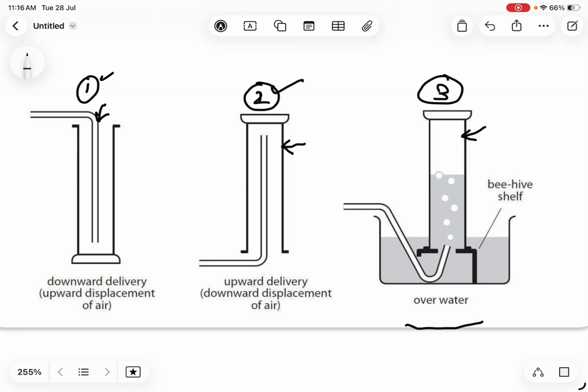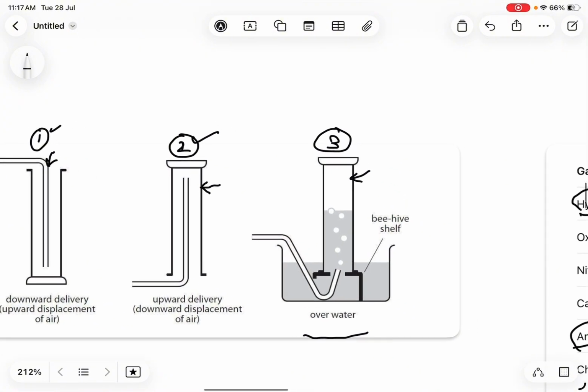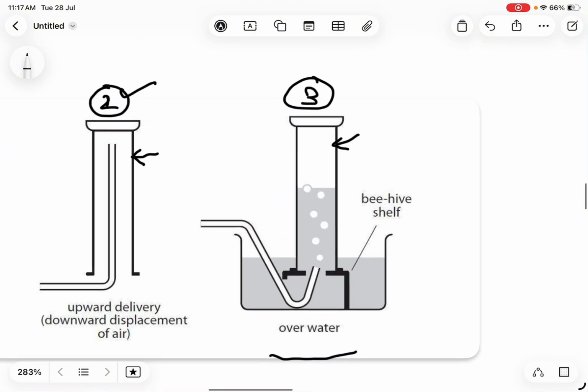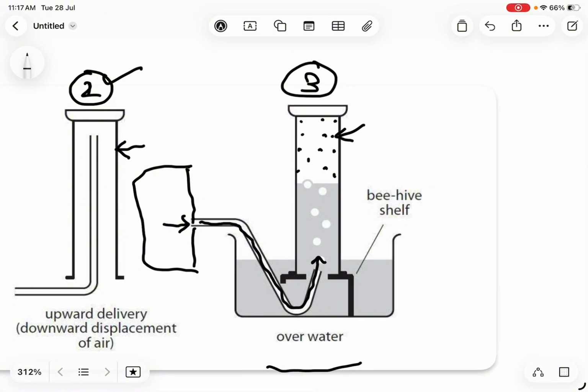First things first, this water delivery method, the third one, is the best gas delivery method. Whenever a reaction takes place somewhere over here and the gas is pushed out, this gas goes into this tube and is released over here. Initially this whole measuring cylinder is filled up to the top, entirely filled with water.